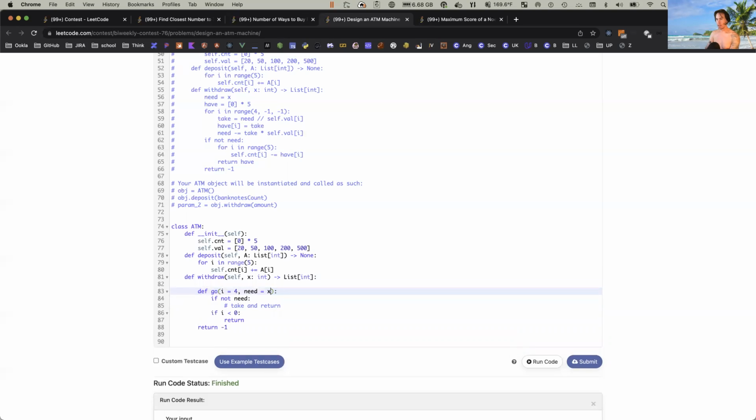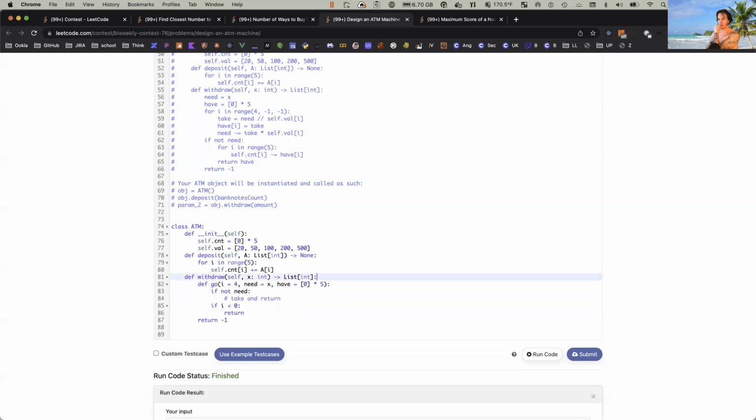Keep track of the path too. Have equals 0 times 5. Take and return what we have.